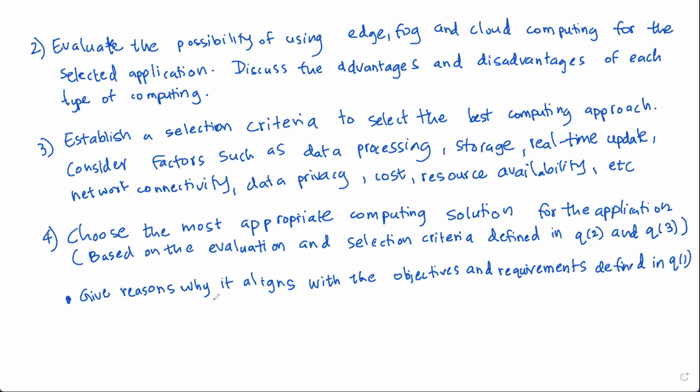So in question number 1, you have defined objectives and requirements for your system. So you need to justify why the computing method you have selected matches with or satisfies the objectives and the requirements.